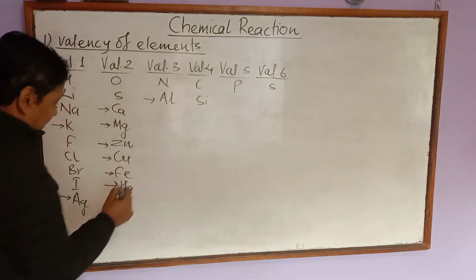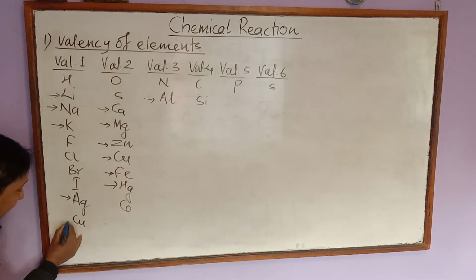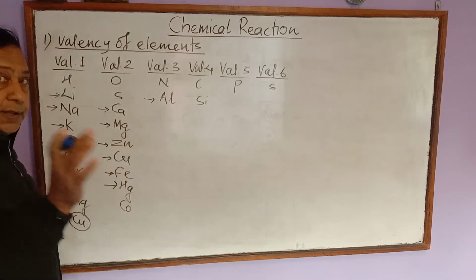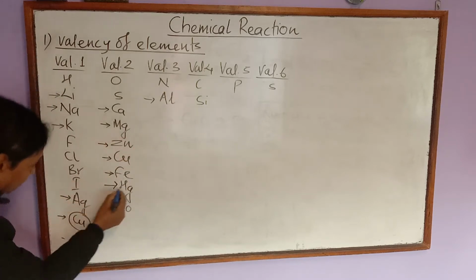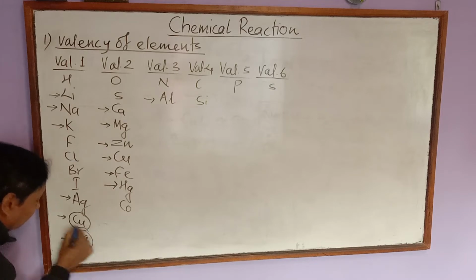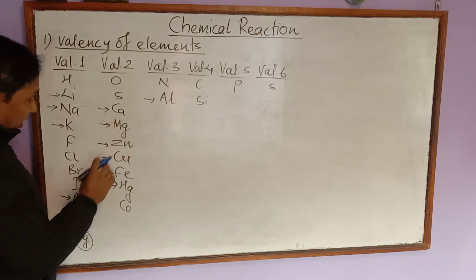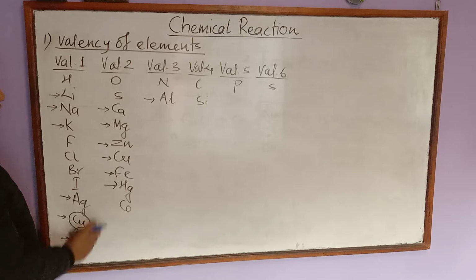For example, copper sometimes has valency 1 also. This we have to remember, but most of the time its valency is 2. Sometimes we have to use valency 1 also. Mercury sometimes has valency 1. I am circling these two because occasionally we have to use valency 1 and 2 for these two.